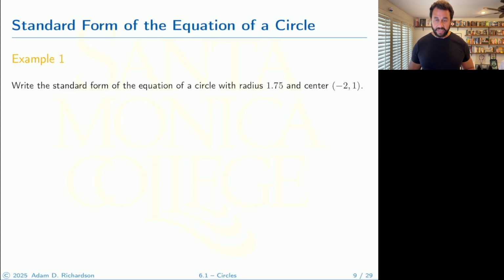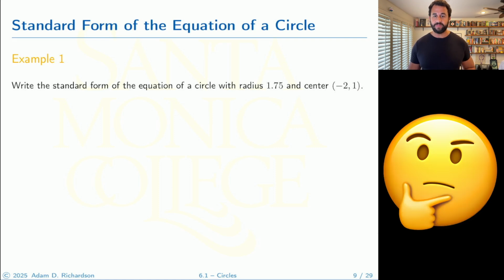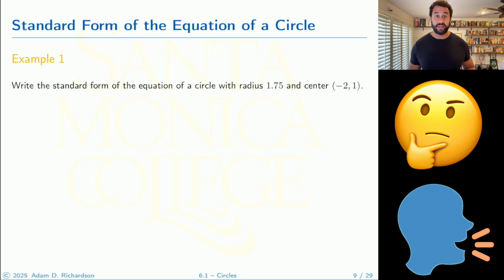All right, let's do an example. I want you to write the standard form of the equation of a circle with radius 1.75, decimals are allowed, and center -2 comma 1. This is one I do want you to try on your own. It's a good way to get those juices flowing early. So think about it for a second. What could that form look like? And then, as always, say something out loud.